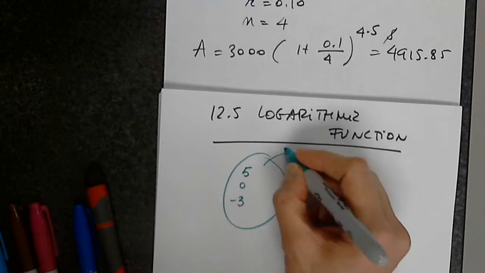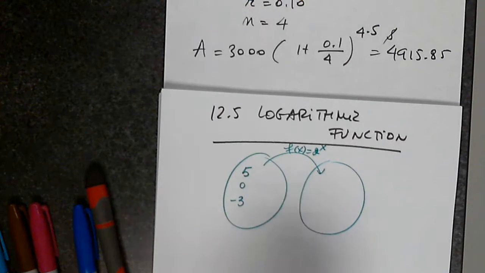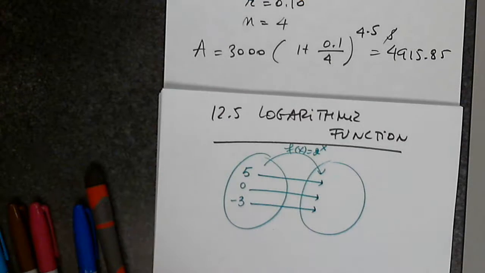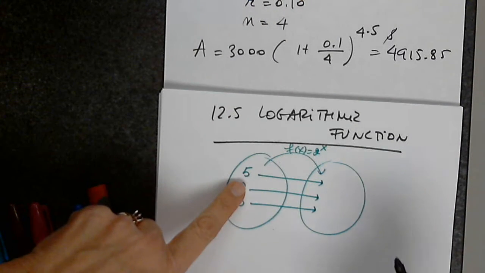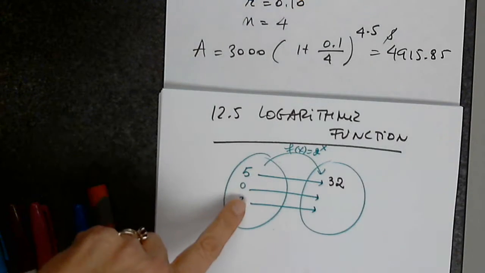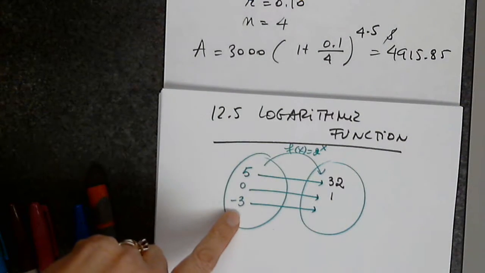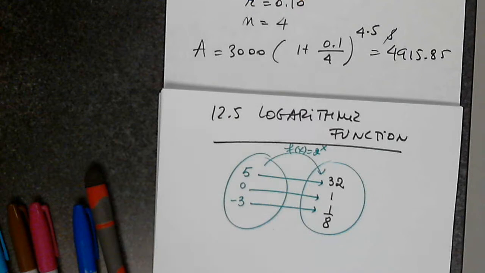And let's say we apply the function f of x equals 2 to the x to each of these numbers, and I would like to determine the y value. I know what 2 to the 5th is. It's 32. What is 2 to 0? Perfect, 1. And I know that 2 to -3 is 1/2 to the 3rd, which is 1/8.